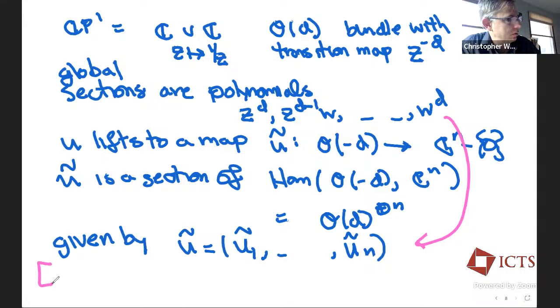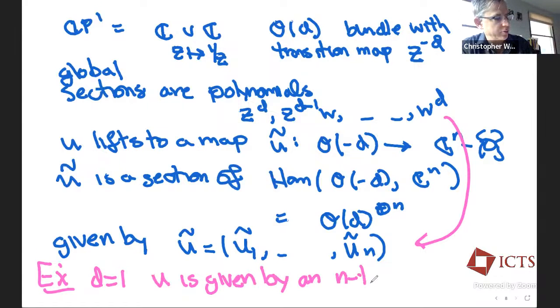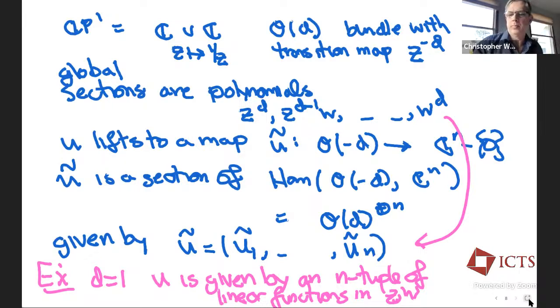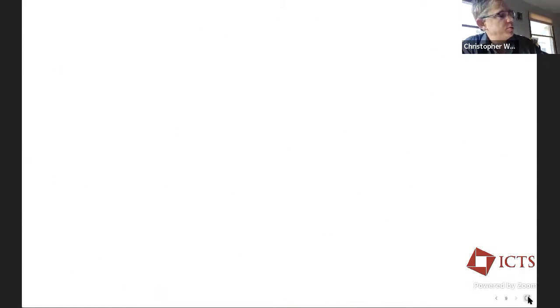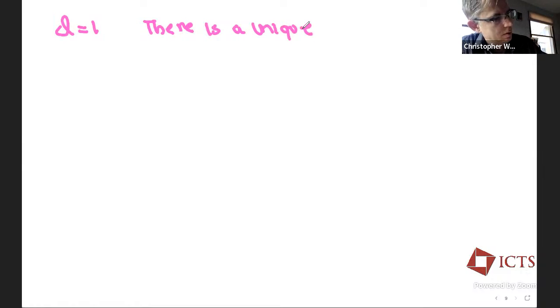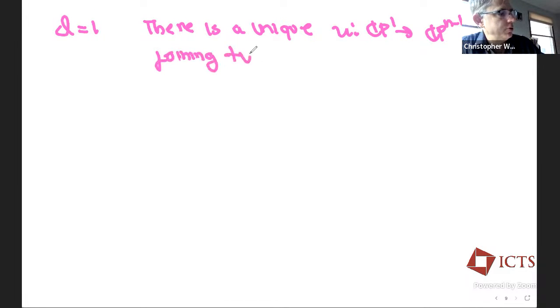Okay, so in particular, if D is 1, then U is given by an n-tuple of linear functions in Z and W. So you see if D is 1, then there's a unique U joining 2 points in CPN minus 1.